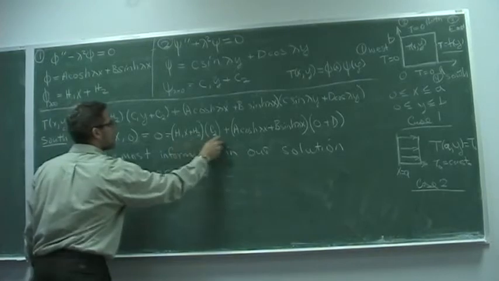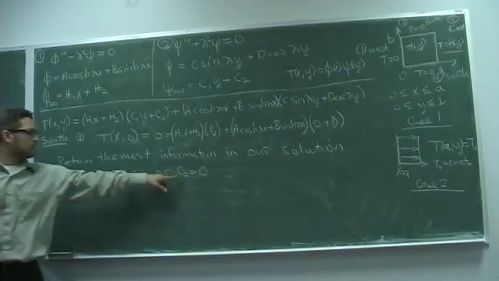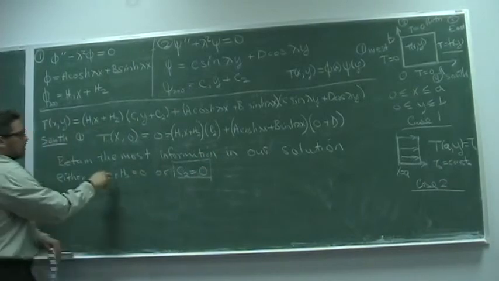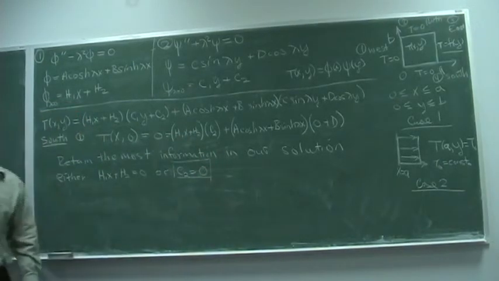The one that's going to retain the most information is c2 equaling 0, so that's what we're going to select. If we make the other term equal to 0, we get rid of x information, we throw it away. So we're going to keep that.